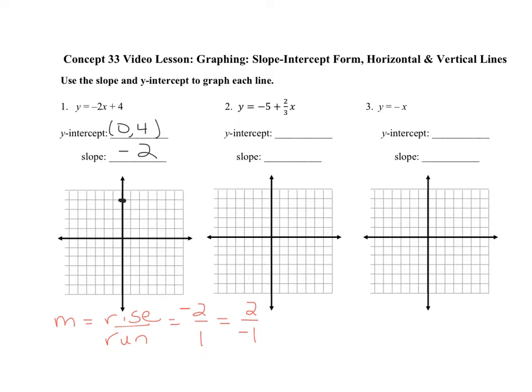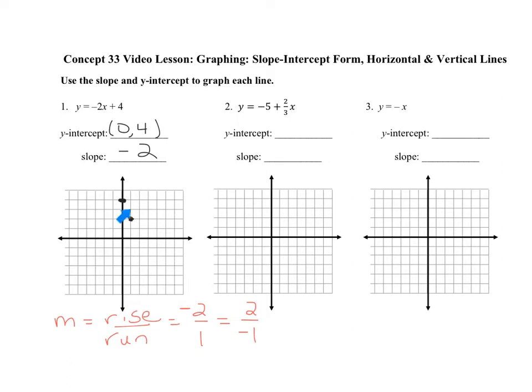So now, let's go back to my line here. I started with (0, 4), and so my slope is -2, which means if I'm graphing this, I'm going to go down 2 to the right 1, and the first ordered pair can go there. And so I'm going to go ahead and put the next ordered pair right there. And then I'm going to count again.